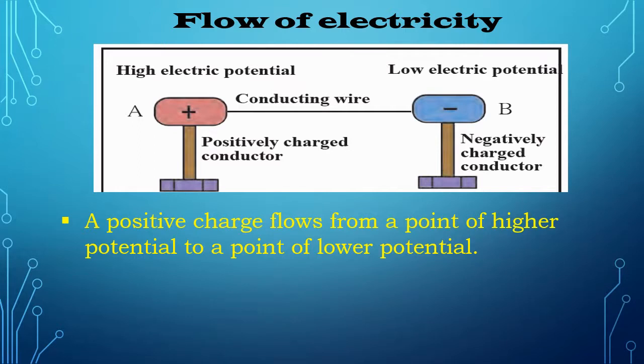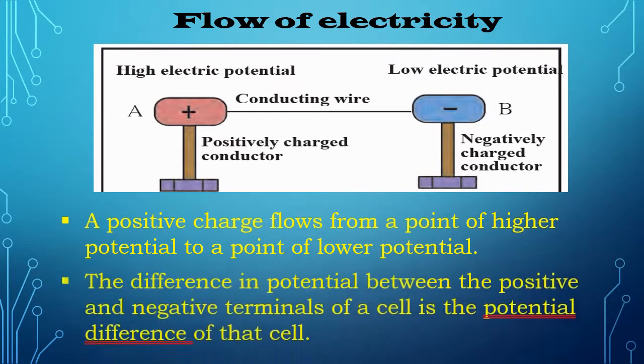This flow will continue until the two conductors A and B have the same potential, that is, until their potential difference becomes 0.